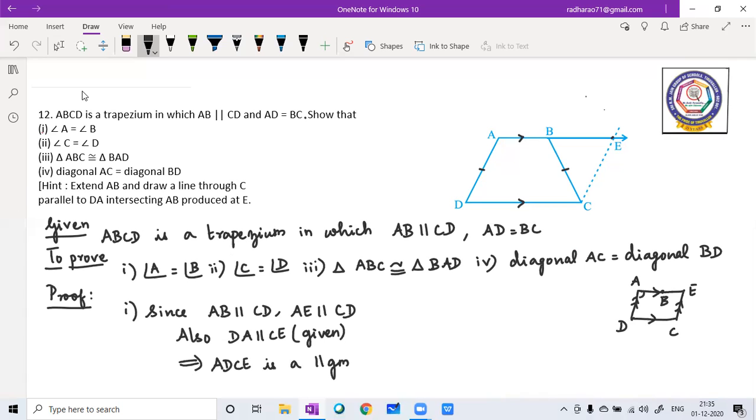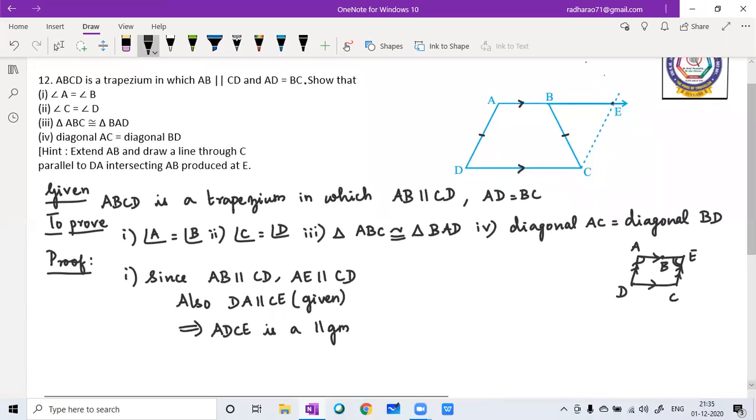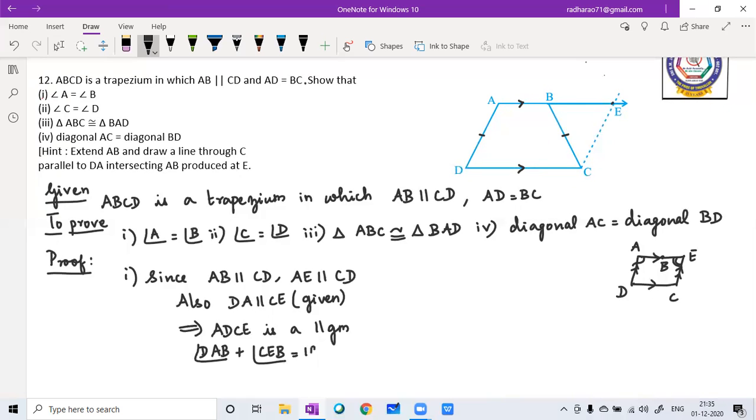That is, angle DAB plus angle CEB is equal to 180, because the sum of the adjacent angles in a parallelogram is always 180.